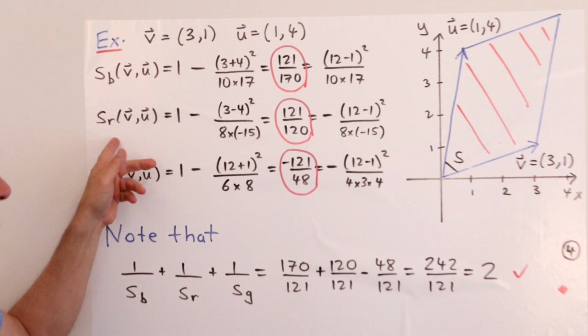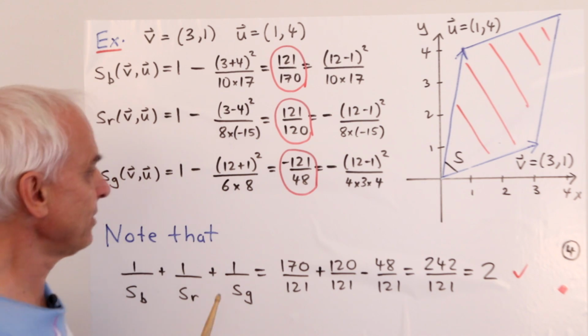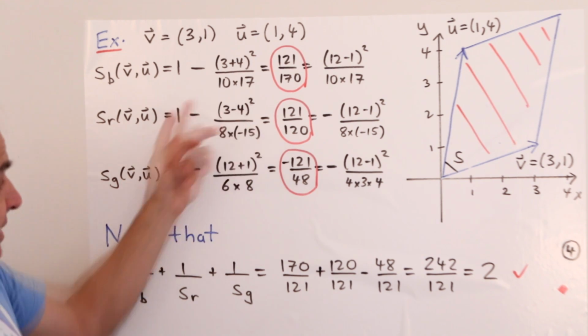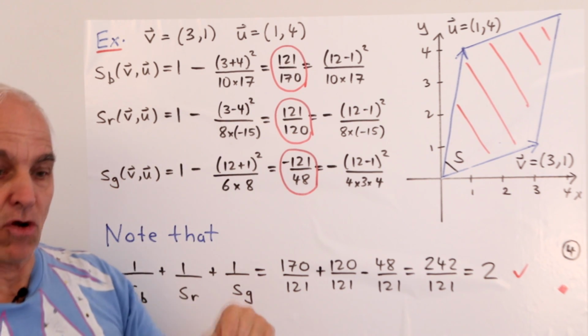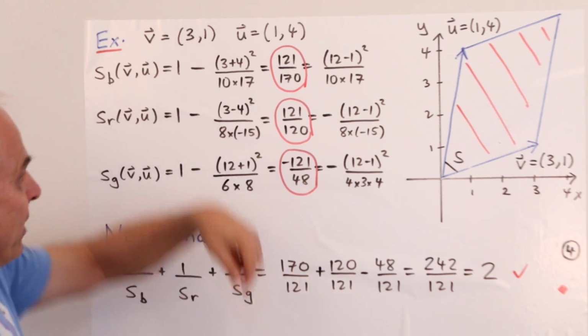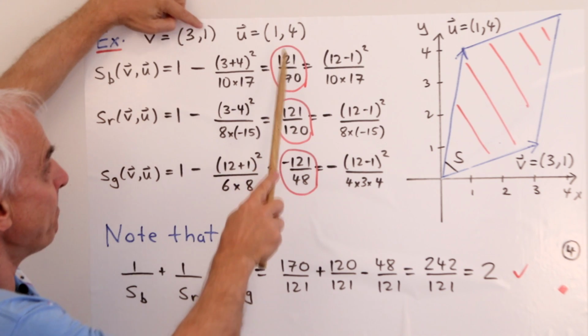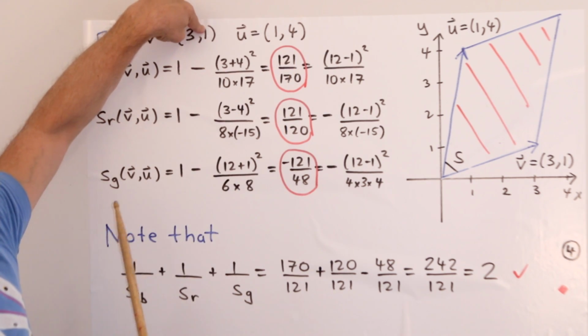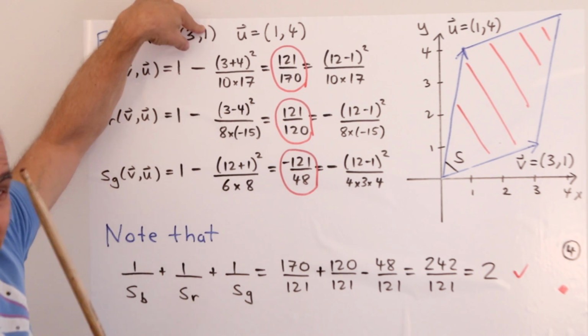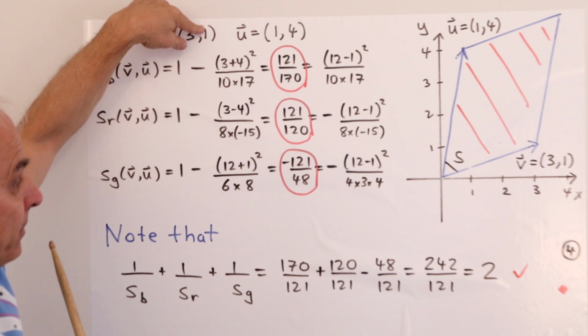What about the red spread between the same two vectors? Well, over here it's the same formula, except that we have to use red dot products. So the red dot product between these two things is 3 times 1 minus 1 times 4. So there will be a 3 minus 4 in the numerator there, squared.